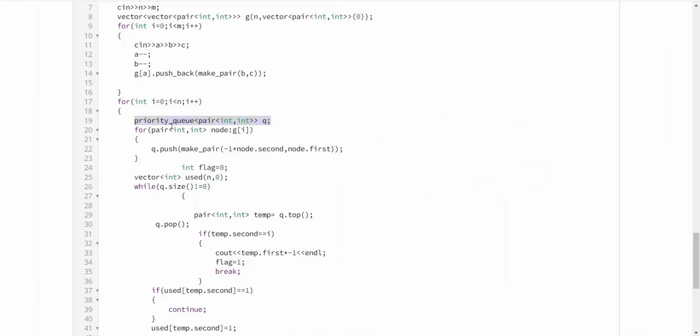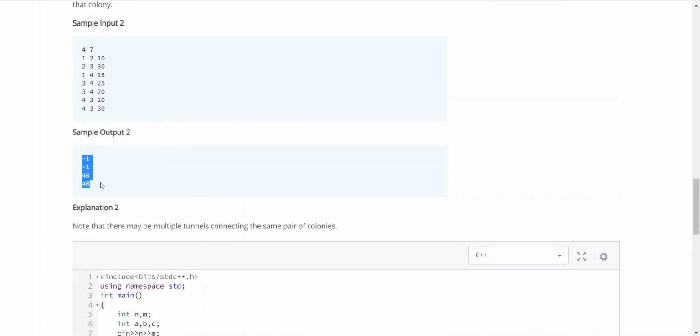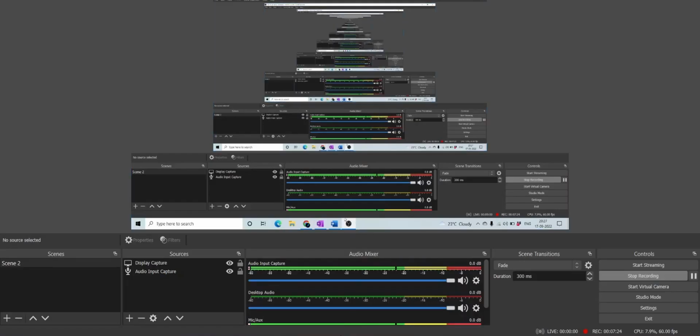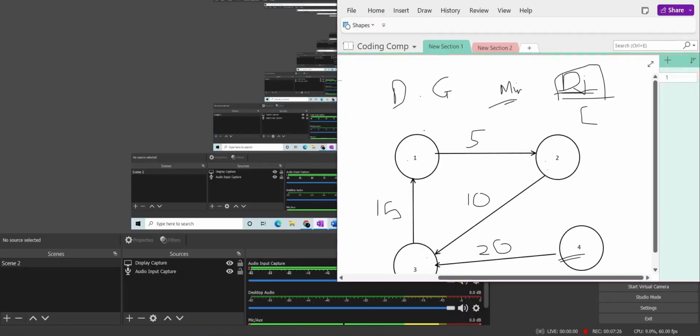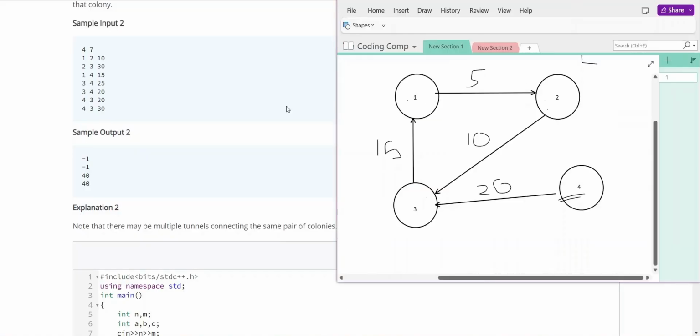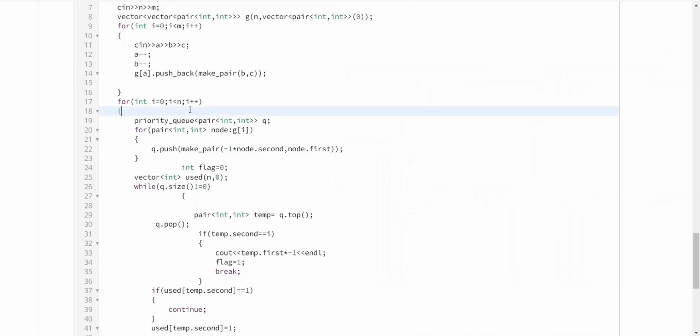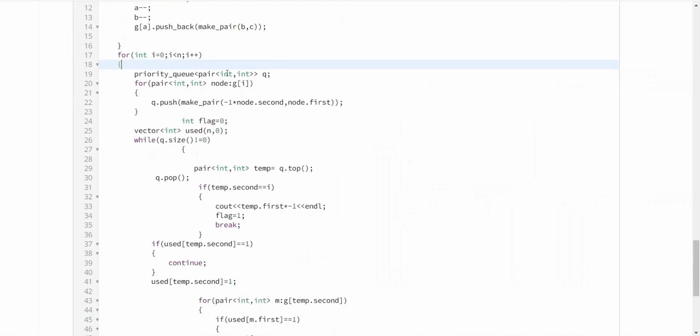Okay, so we are running this loop for n number of times. Obviously I had mentioned earlier that we have to produce n number of outputs. So if we have for example 4 nodes over here, our output also should have 4. That is why we are running this for n number of times. After that we are iterating through each and every node which is connected to the particular node.